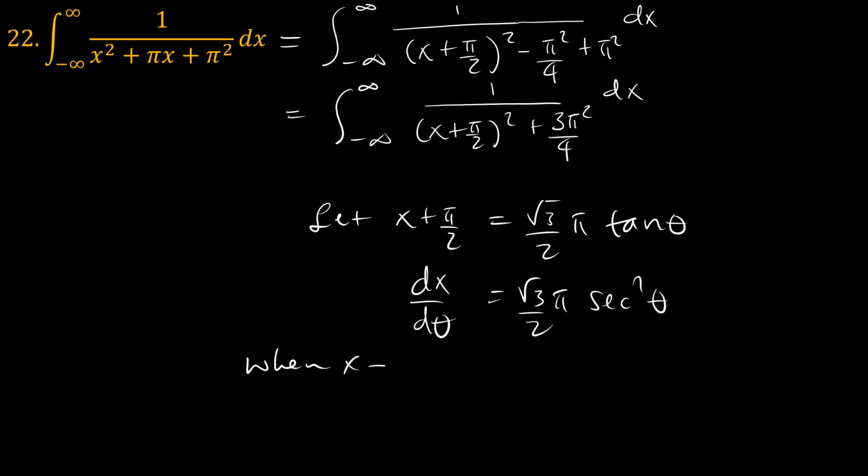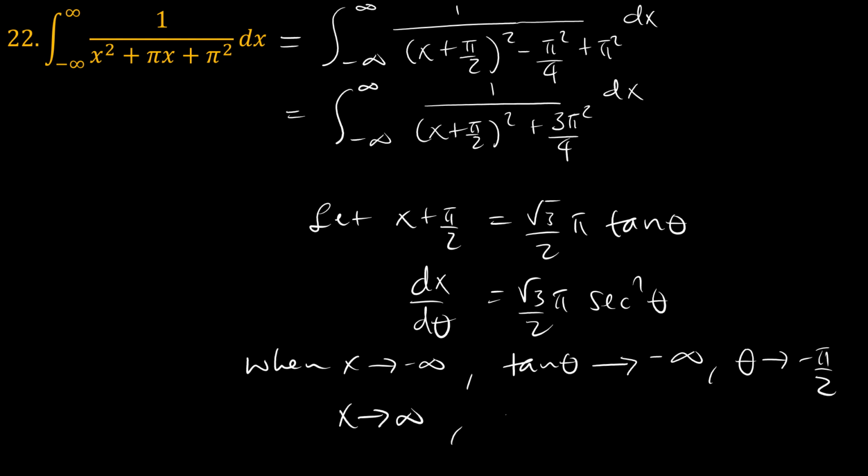When x tends to negative infinity, tan theta tends to negative infinity, and so theta tends to negative pi over 2. When x tends to positive infinity, tan theta tends to positive infinity, and theta therefore tends to pi over 2.